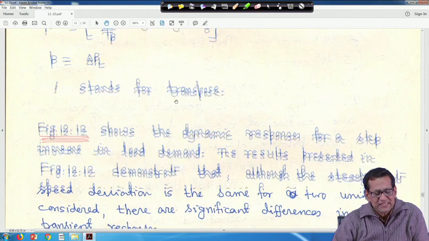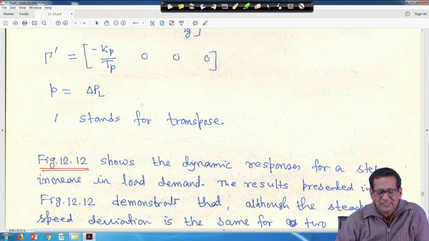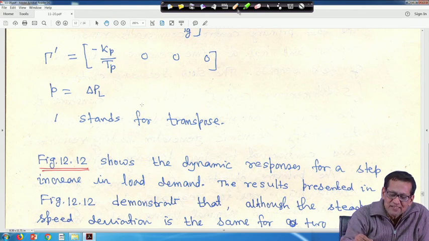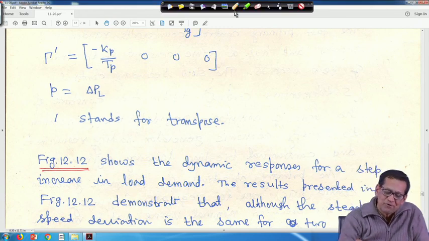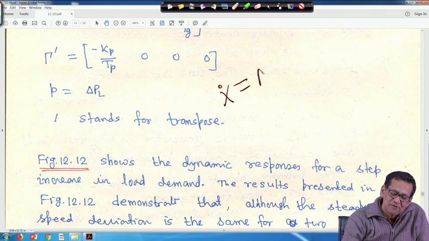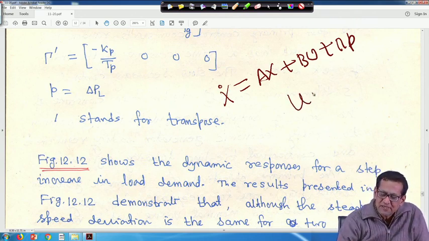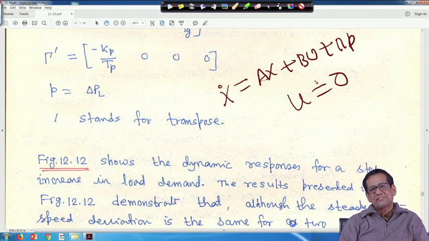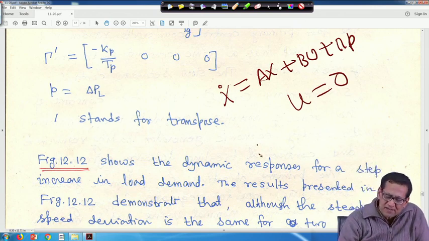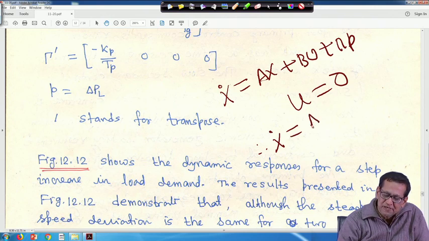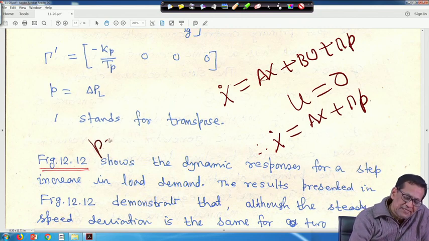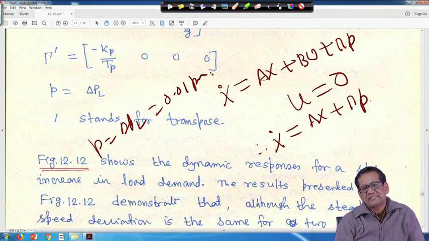Now another thing is that before moving to the fundamentals of automatic generation control, another point is that we know that x dot is equal to Ax plus Bu plus gamma p, and the responses which were shown were for u equal to 0, that is, there was no control signal. That means x dot is equal to Ax plus gamma p, and the responses were shown for p equal to delta p l, taken as 0.01 per unit, a 1% step load change.